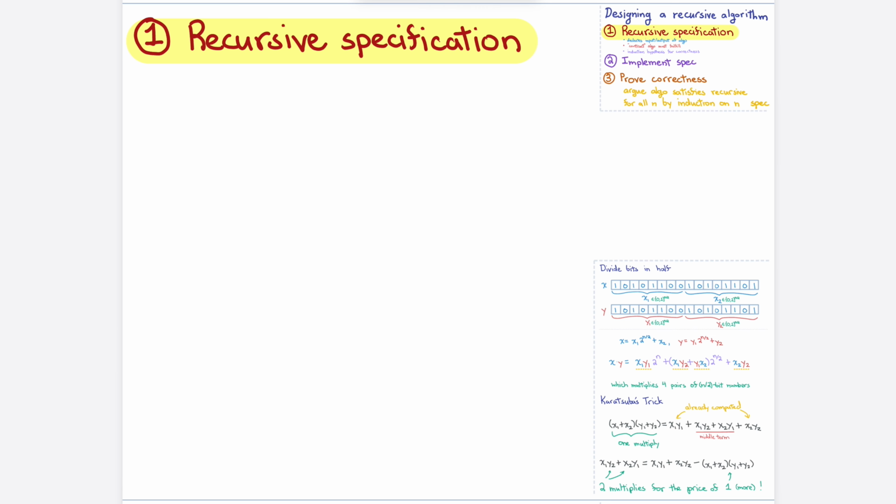Okay, here's the standard thing I force everyone to do. We're going to make a recursive algorithm. So we first need a recursive specification: we just name it, give the parameters, describe it. Who wants to put one forth?